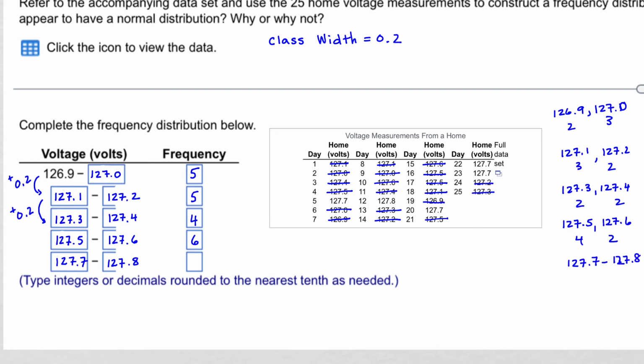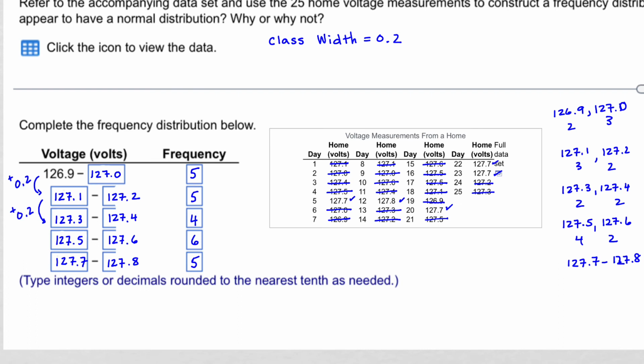And we've got how many left? 1, 2, 3, 4, 5. Okay. So I don't really need to count them each value individually. It was just easier to do it that way for me. So that's how you get your frequency distribution.